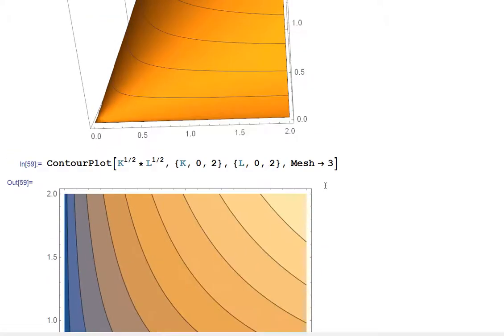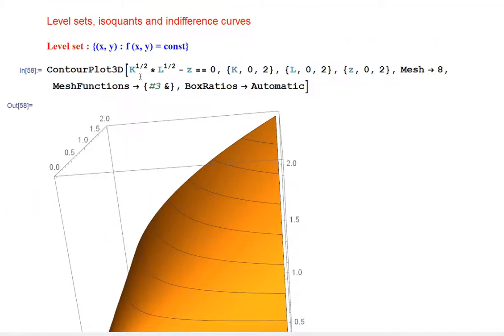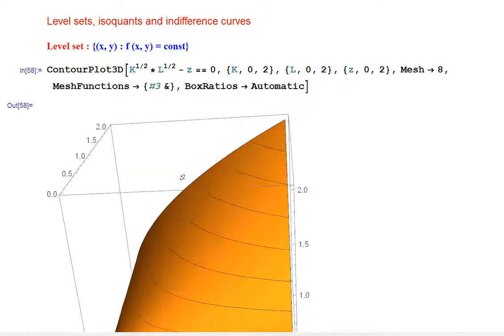Okay. Now I want to discuss the same thing in a different context. Instead of talking about a production function like this, we can talk about a utility function, a utility function with two arguments. Instead of K, we can think about good 1, and instead of L, we can think about good 2. So the level sets in this case would be called indifference curves, okay?